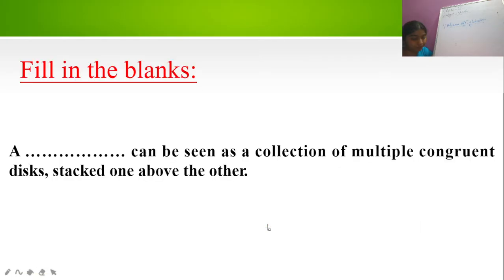So what do we get if multiple congruent discs are stacked on one another, what do we call that kind of shape? Write down your answer in the comment box. There I will check your answer, that you are participating and you are getting your answer. Yes, okay, very good. So basically we get a cylinder, right?